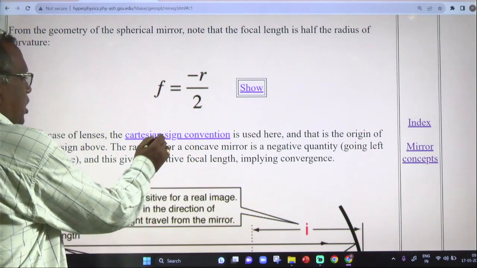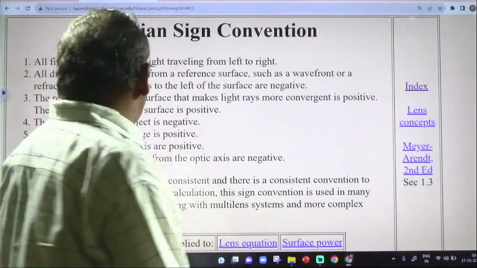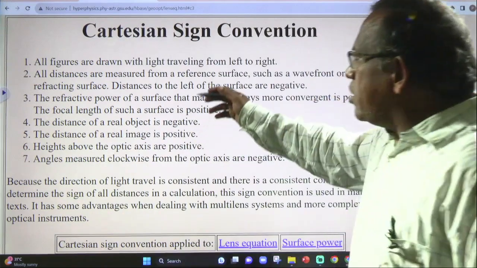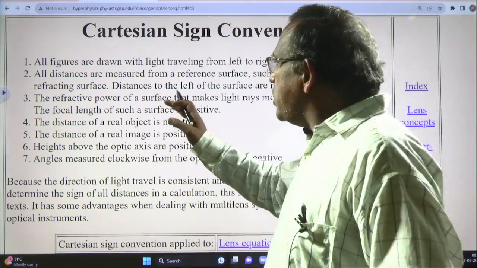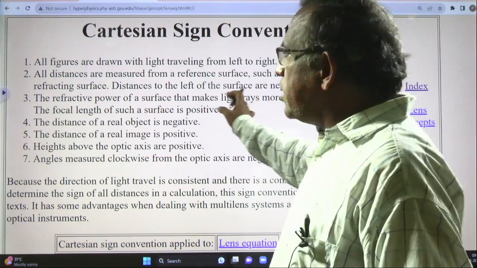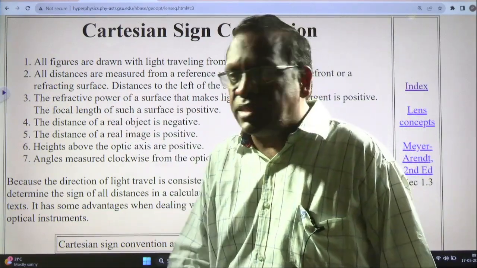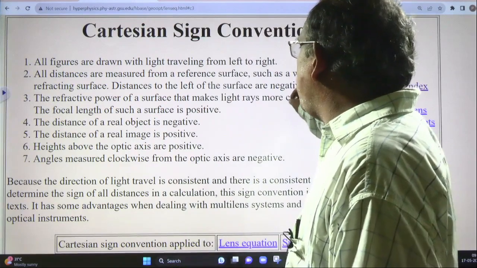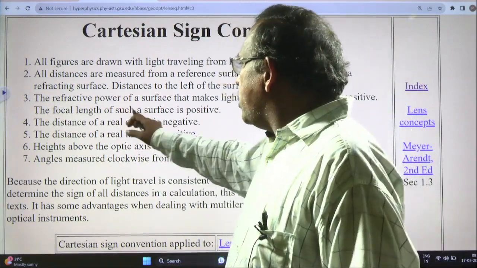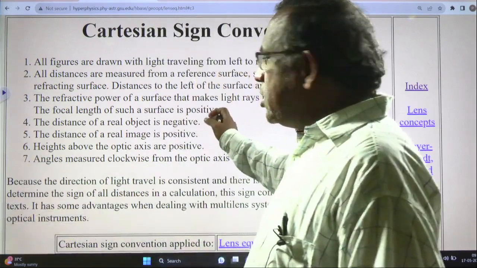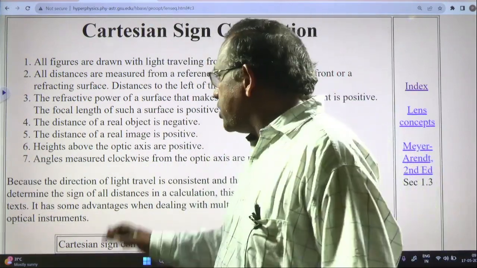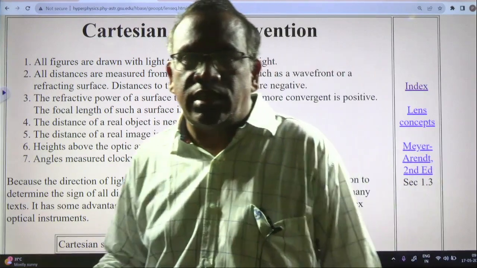Important: the Cartesian sign conventions we discussed. All the figures are drawn with light traveling from left to right. All distances should be measured from the reference surface, the reflecting surface. Distances to the left should be taken as negative. The refracting power which makes the focal length positive, you have to take like that. The distance of a real object is negative.